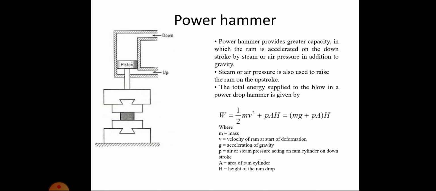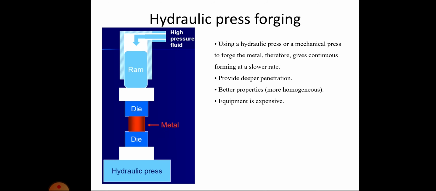Next one is hydraulic press forging. Here hydraulic oil, that is a pressurized fluid, is used to move the ram down. Using a hydraulic press or a mechanical press to forge the metal therefore gives continuous forming at a slower rate, and provides deeper penetration, better properties, more homogeneous structure, and the equipment is more expensive.